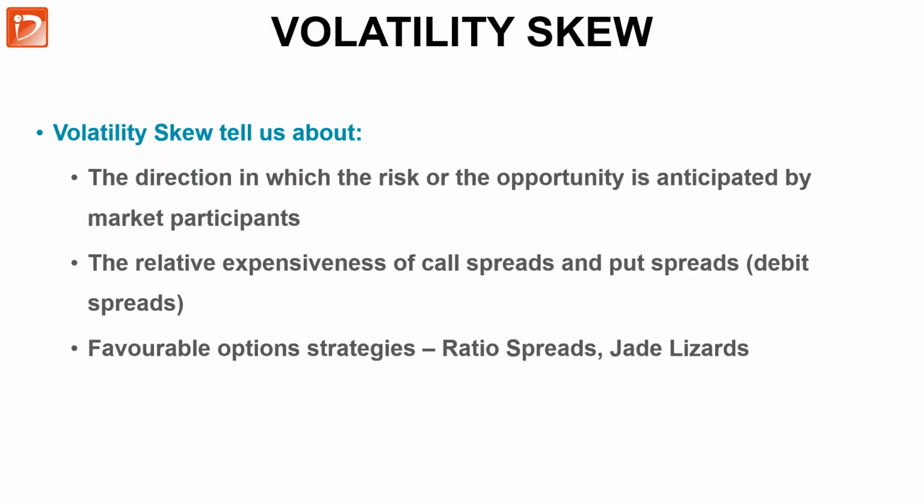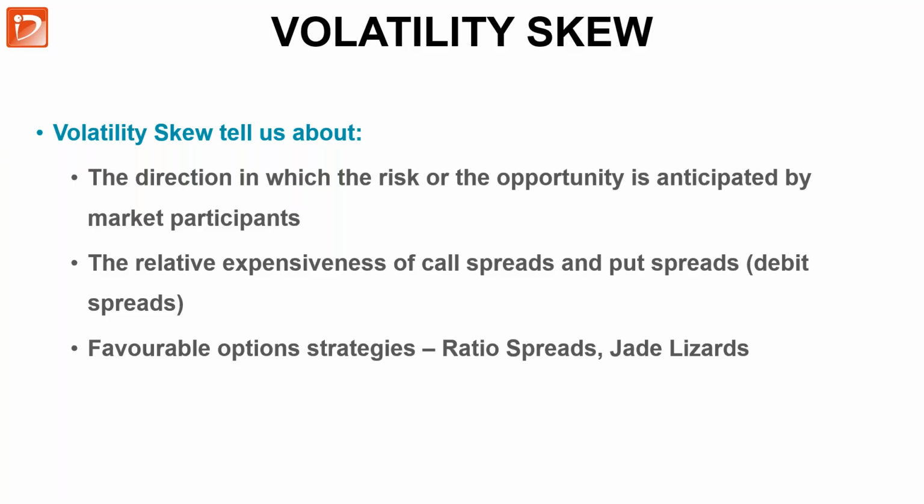If there is bullishness, or people see an opportunity on the upside, then you will see call options more expensive than put options, which is a forward skew. There is also a relative expensiveness of call spreads and put spreads. With forward skew, call spreads would be cheaper than put spreads, and vice versa.